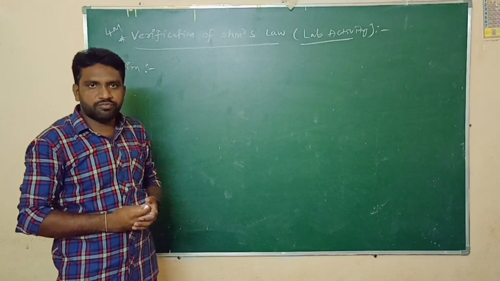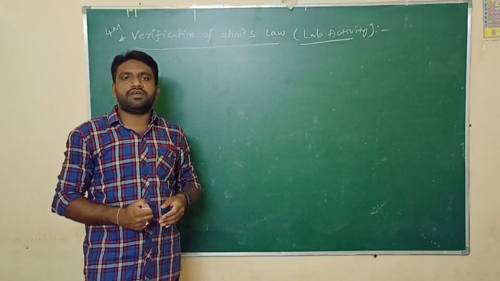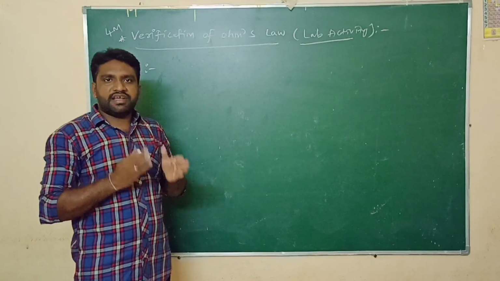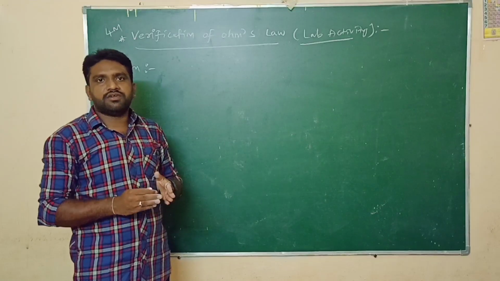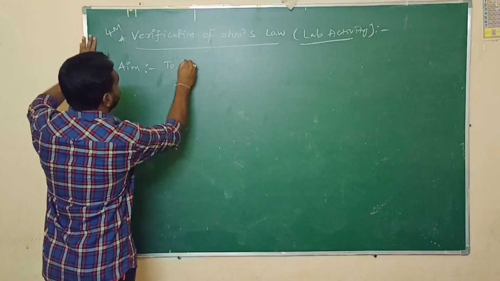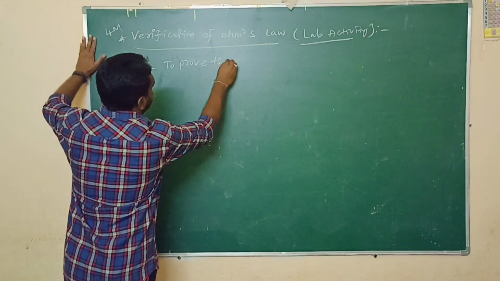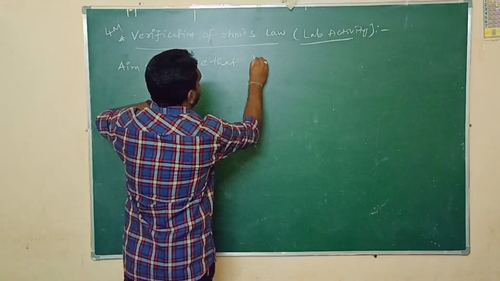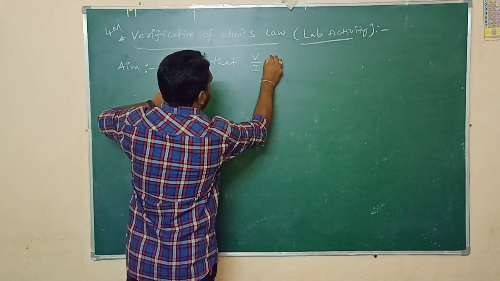How can we verify Ohm's law? If you want to verify Ohm's law, we need to show that the ratio between potential difference and current remains constant. That is our aim, to prove that V by I is constant.